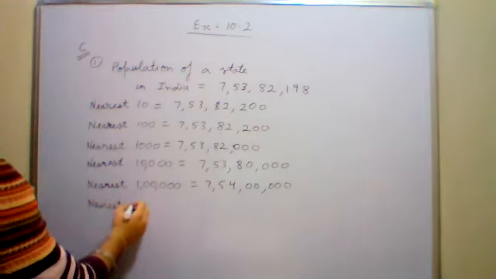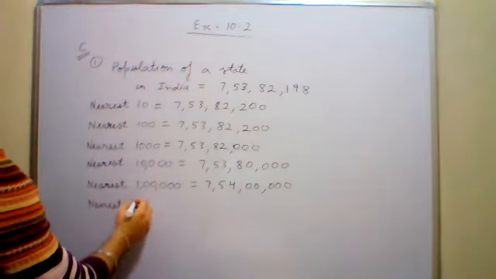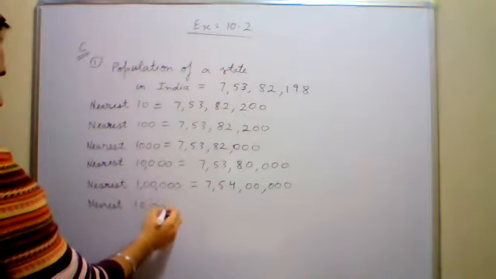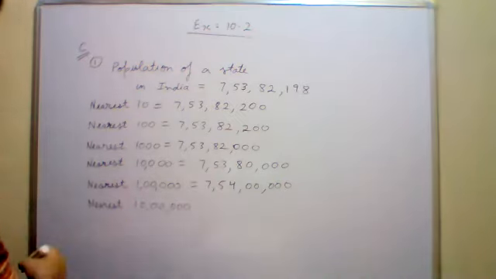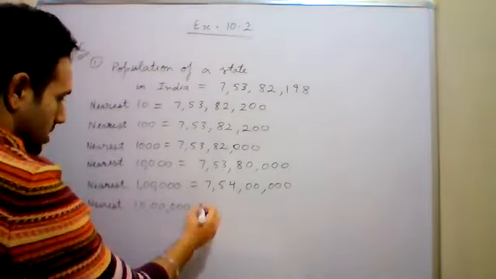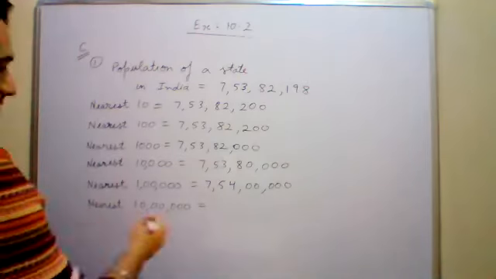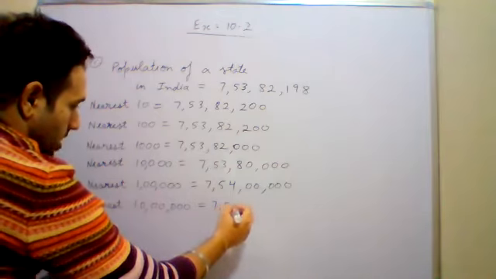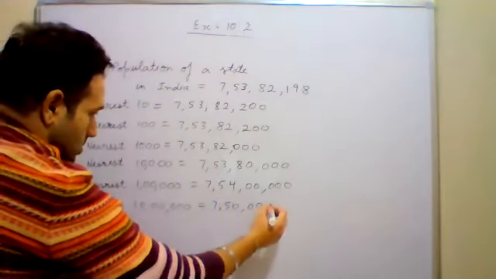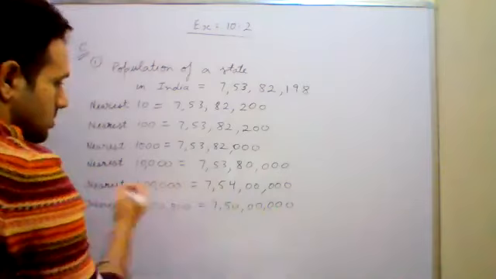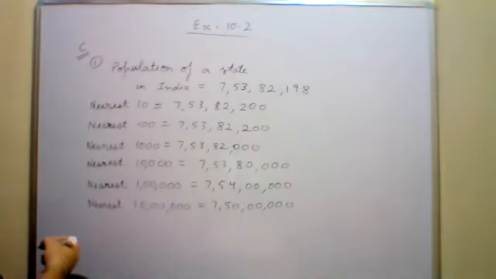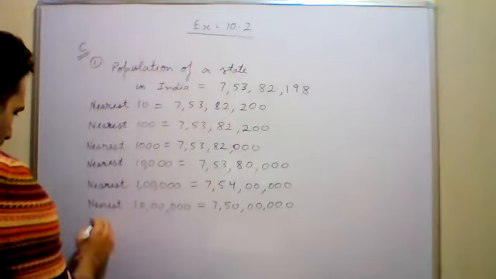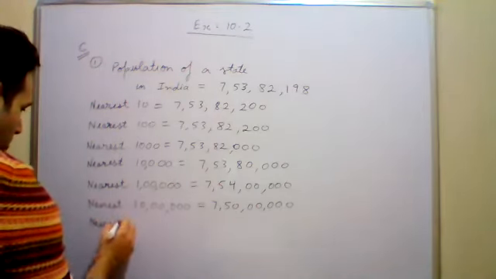Nearest 10 lakh. You have to round off to nearest 10 lakh, then nearest crore as well. If you round off to nearest 10 lakh you will get 7,50 lakh. And if you round off the given number to nearest crore. Sir, can we round off further than crore? Yes, absolutely.